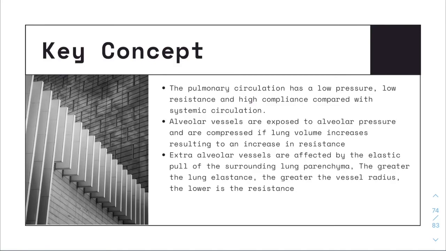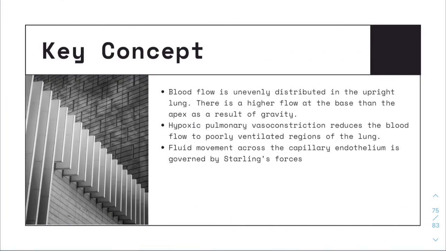Alveolar vessels are exposed to alveolar pressure and are compressed if lung volume increases, resulting in increased pulmonary vascular resistance. Extraalveolar vessels are affected by elastic pull of the surrounding lung parenchyma. The greater the lung elastance, the greater will be the vessel radius, the lower is the resistance.